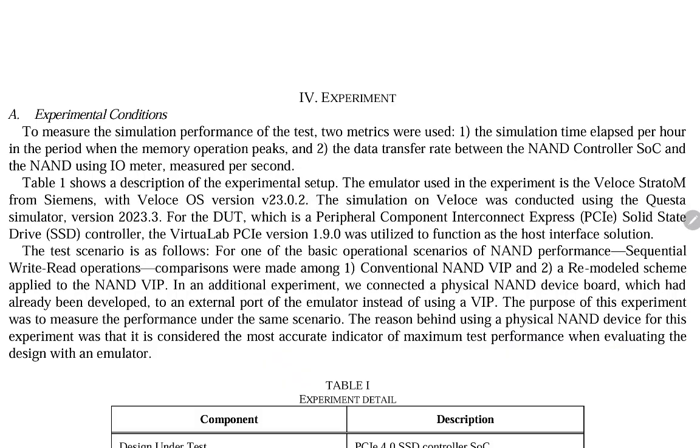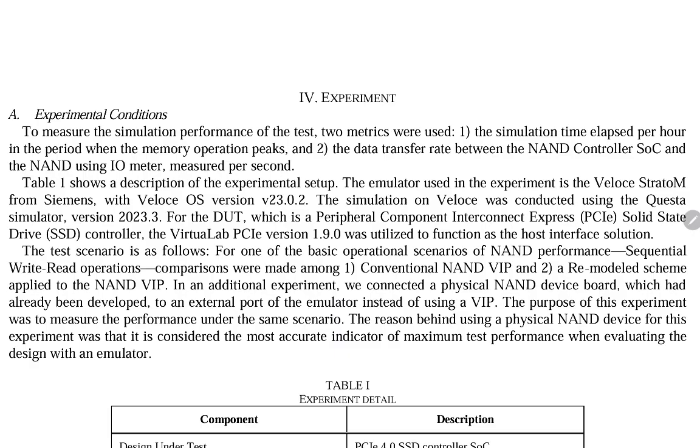For one-page-to-page operation scenarios, NAND performance for sequential write and read operation comparisons were made among 1. Conventional NAND VIP and 2. A remodeled scheme applied to the NAND VIP. In addition, in an additional experiment, we connected the physical NAND device board, which had already been developed, to an external port of the emulator instead of using the VIP.